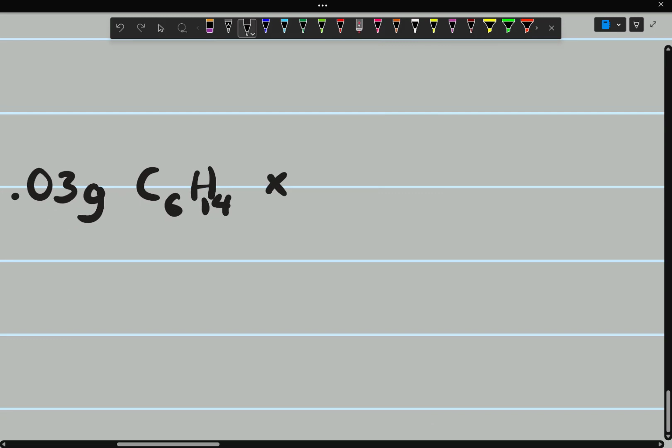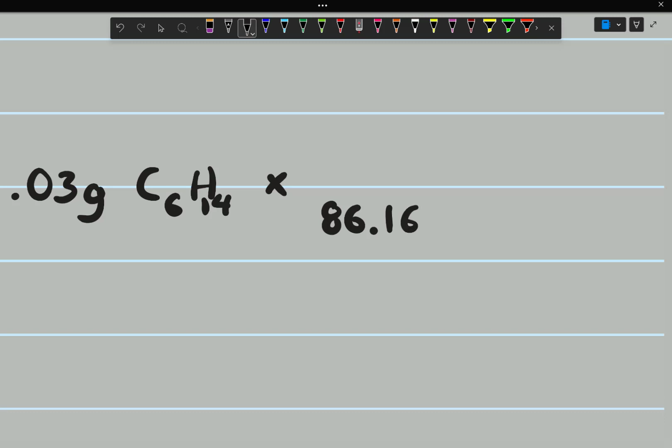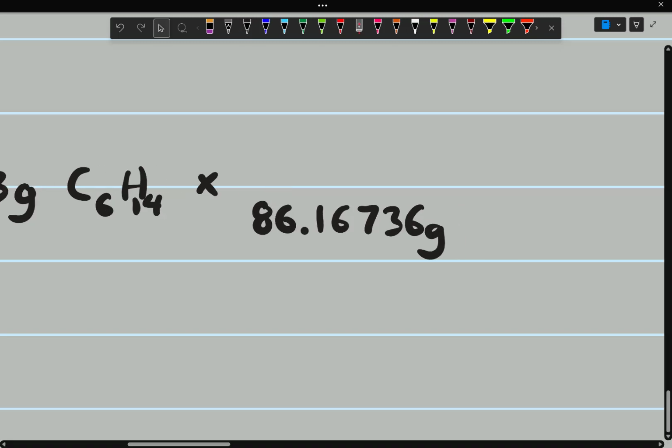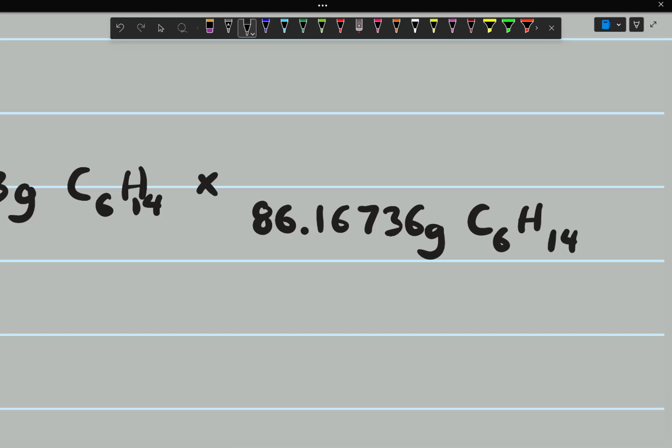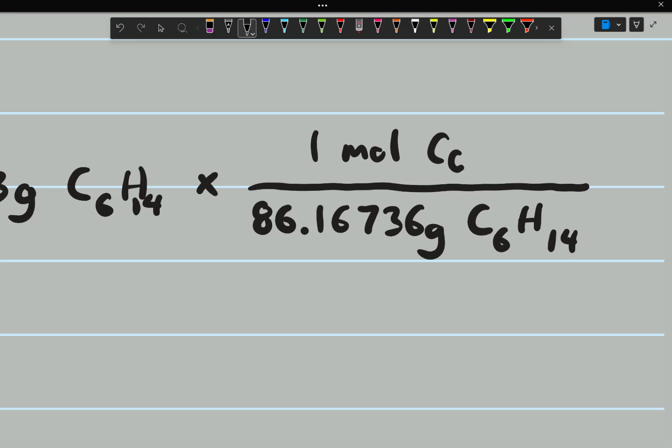The molar mass of hexane is 86.16736 grams. And just a reminder, again, try to be as specific as possible. Don't round at this stage, especially if you are using ALEKS, because you may get the problem wrong.